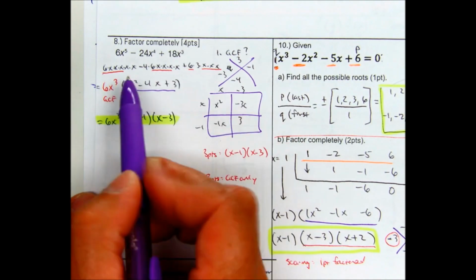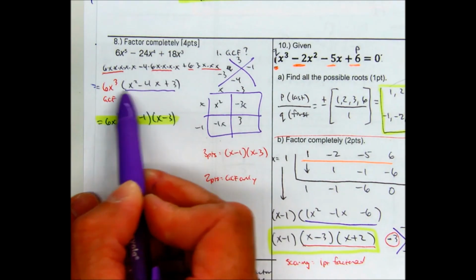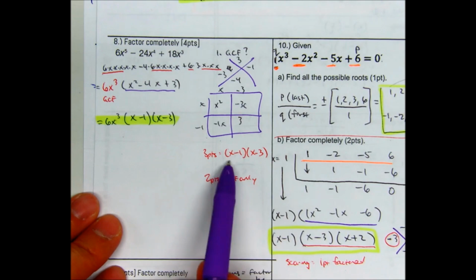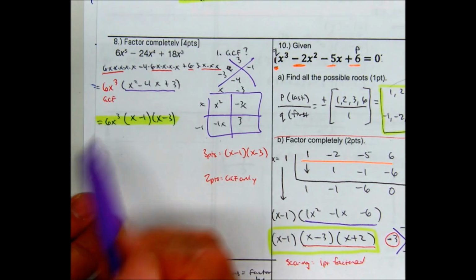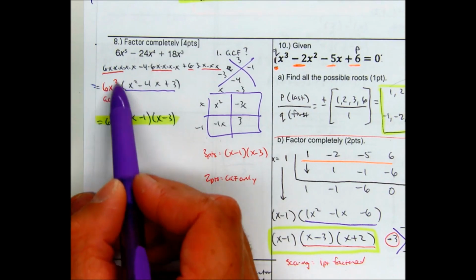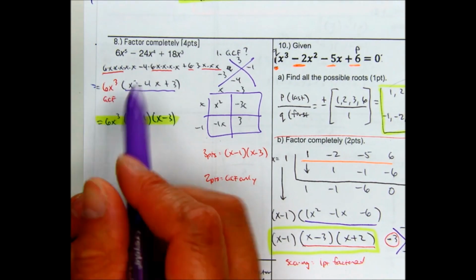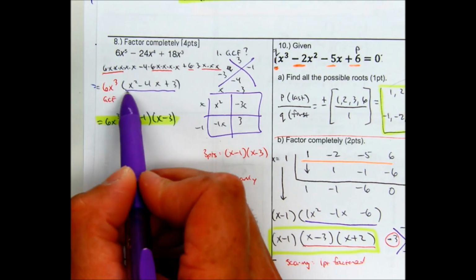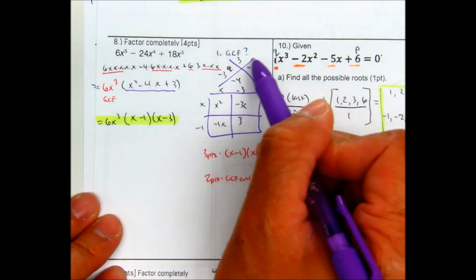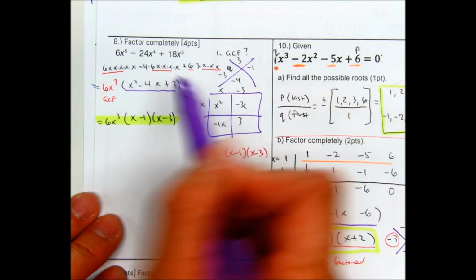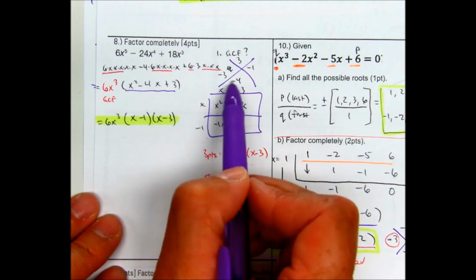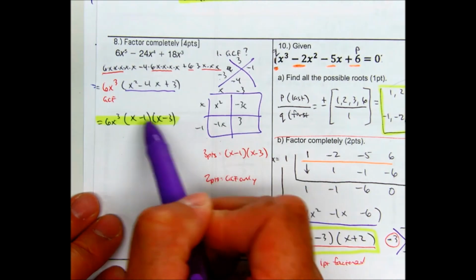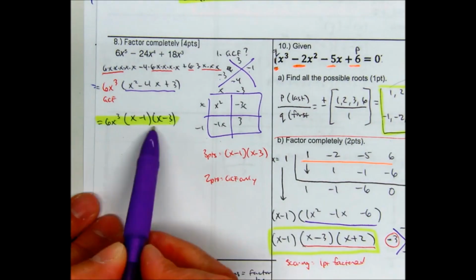If you got to this point right here, I gave you, I think, 3 points only. You got a 2 if you found just a common factor. Here in purple, if you make your X box, A times C is 3, B value is negative 4, your two numbers are negative 3 and negative 1, and they go there. So you would have to have this as full credit.